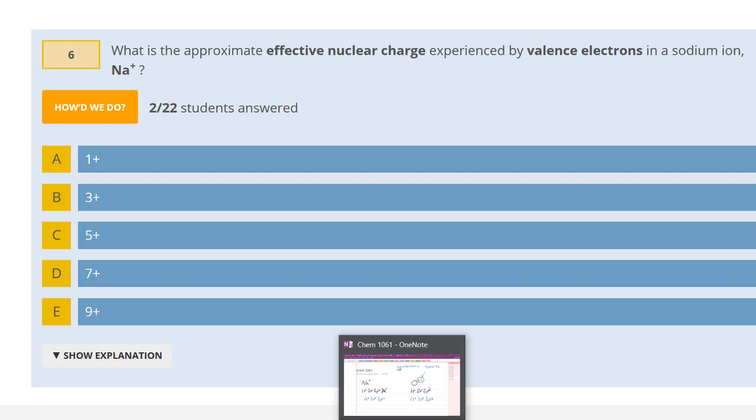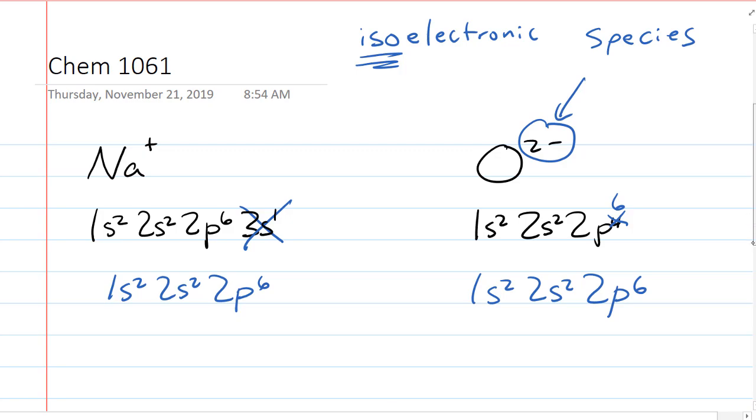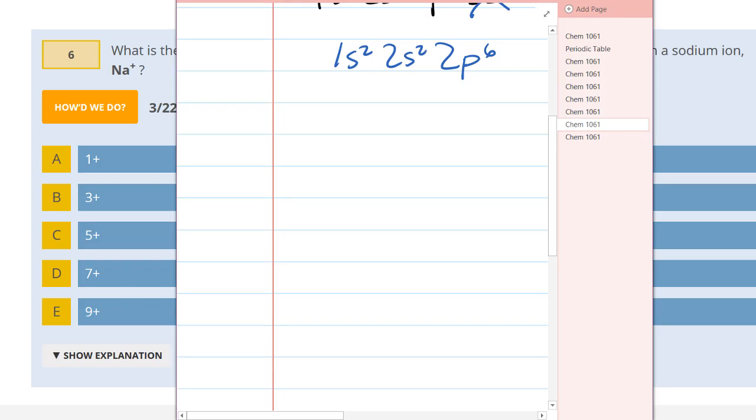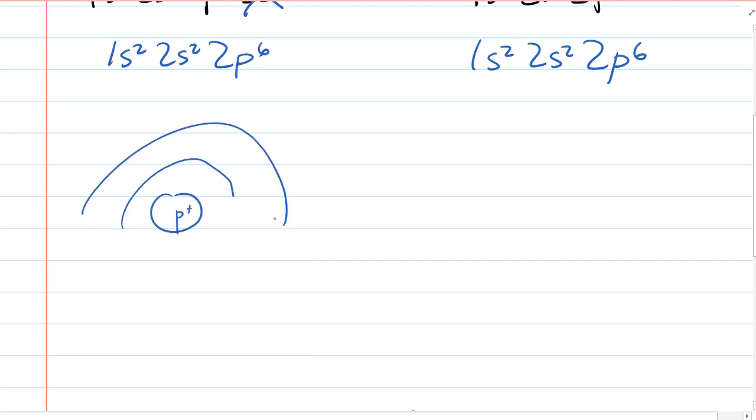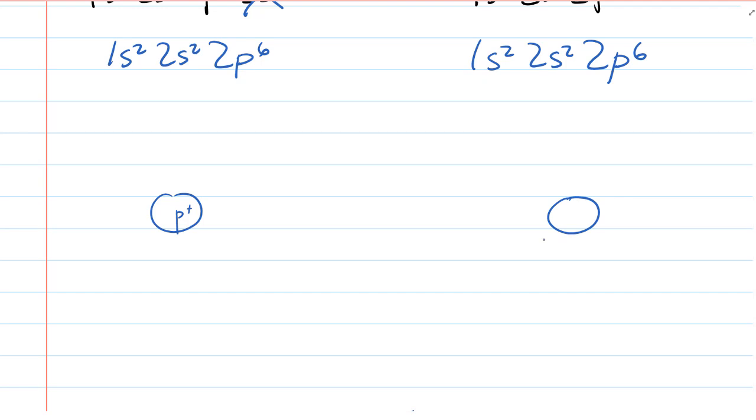Remember, when we draw out our picture, we're showing the number of protons in the nucleus. Then we're showing inner level electrons and outer level electrons. And if you already have that one, the next question is going to be on the oxide ion. You're going to calculate the approximate effective nuclear charge on the oxide ion.